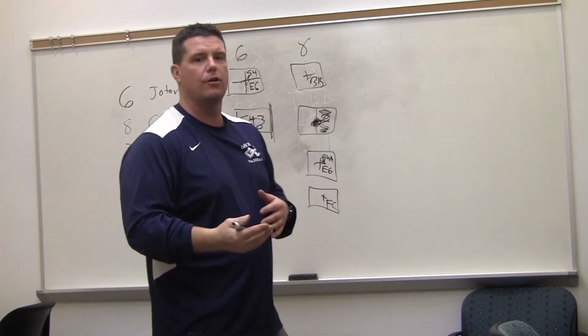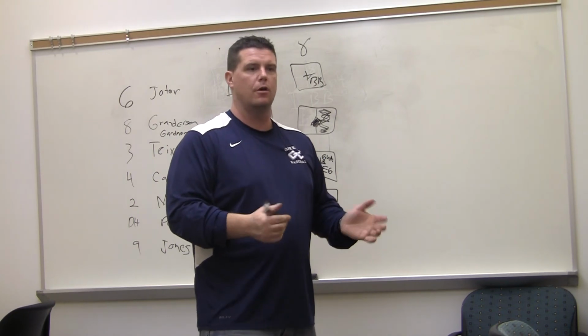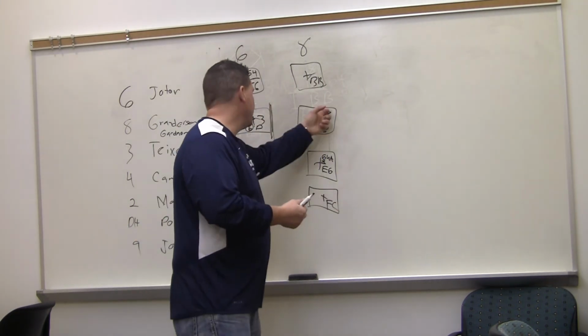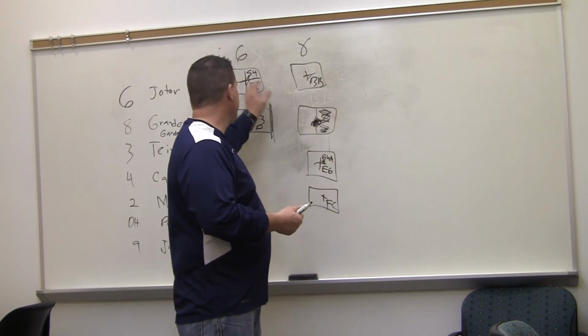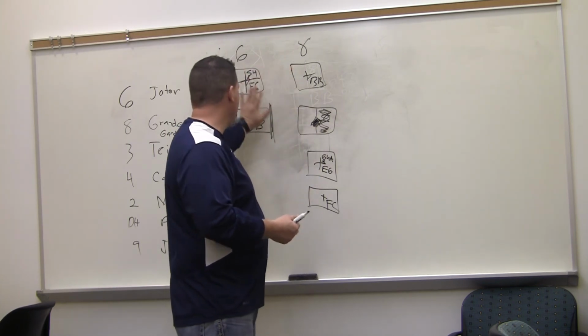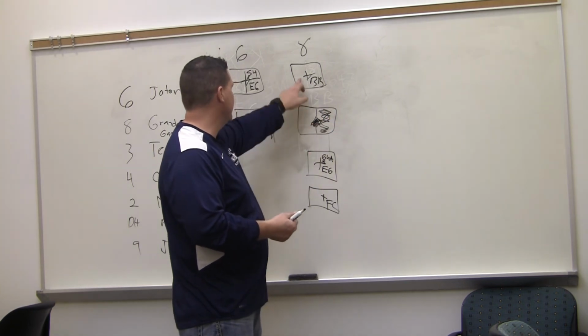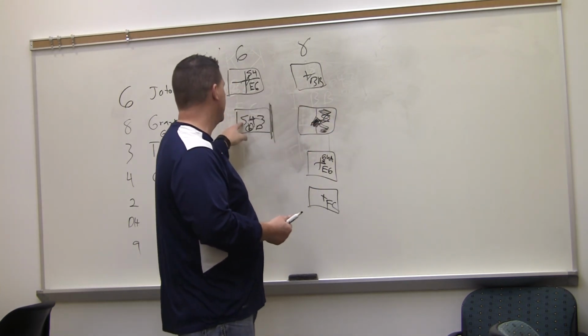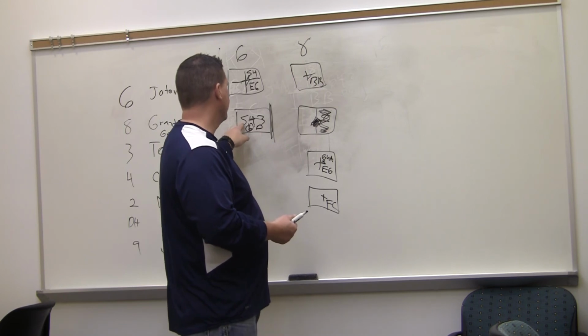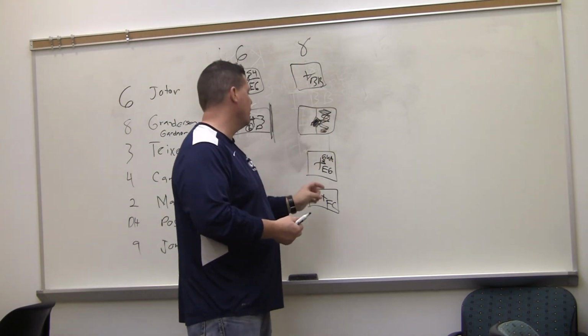If there were 5 solid diamonds, there were 5 runs scored. You can count the hits by how many shades you have. If this was the box right there, we would only have 1 hit because there's only one big box that was shaded in. That's not a hit, that's not a hit, that's not a hit. So you count the shaded number of boxes, and that's how many hits you have.